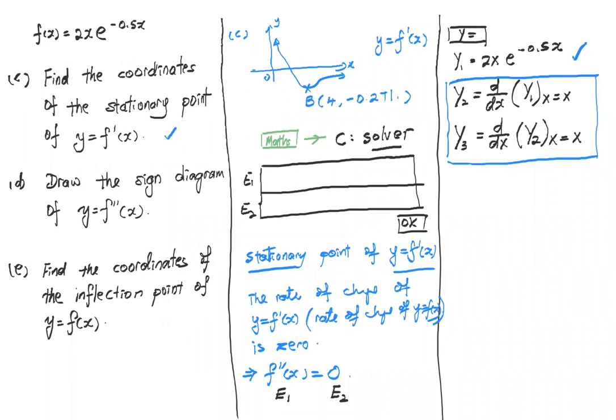Call out your solver already? Okay, after you call out your solver, you have this dialog box. So now can you key in your e1 as y3? You just put y3 there, can it? And your e2, you put 0.